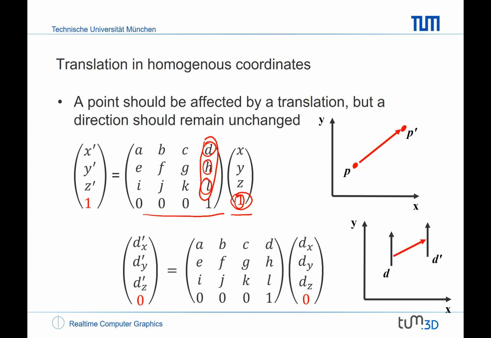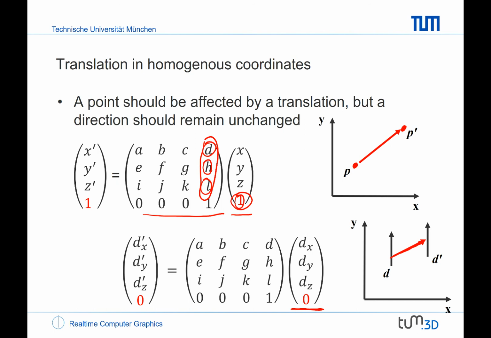Now you can imagine what happens if the element which you specify and which should be transformed is not a vertex coordinate, but a direction. You have a direction vector here, and now imagine you want to translate a direction vector. It is clear that under a translation, a direction should not change. The direction stays the same.